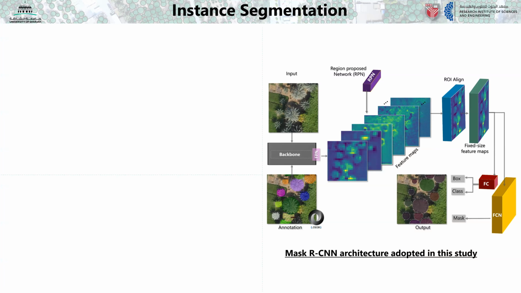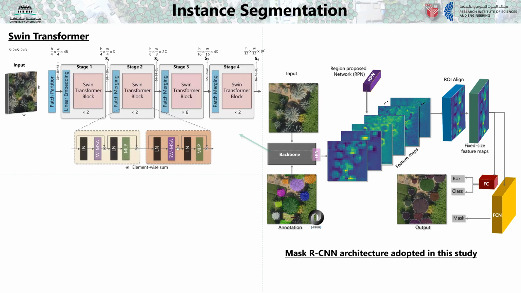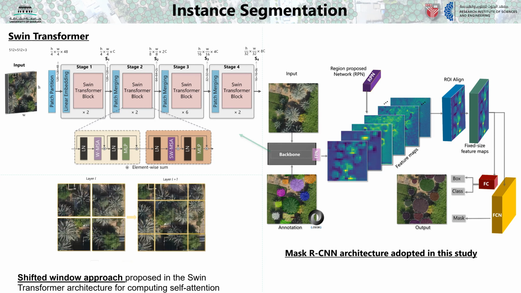So just going swiftly, the architecture is based on Mask R-CNN, which is a commonly used instance segmentation architecture. But here we have used the Swin Transformer as a backbone, with the feature pyramid network. So this is the typical architecture of Mask R-CNN, which includes the feature maps.